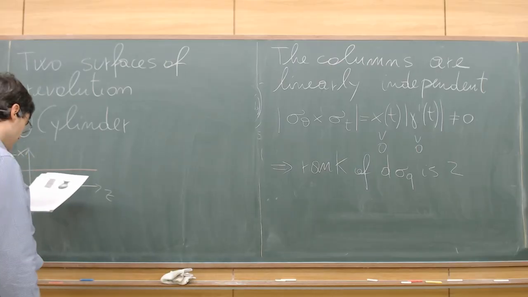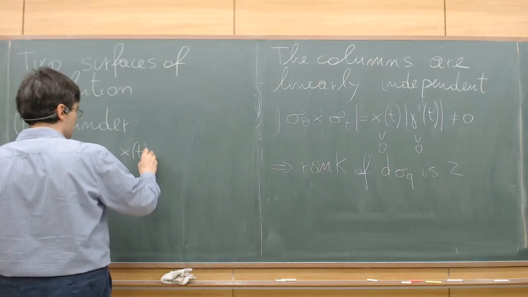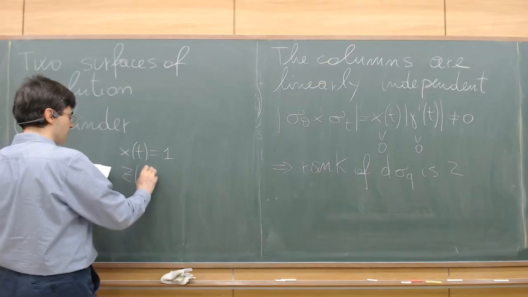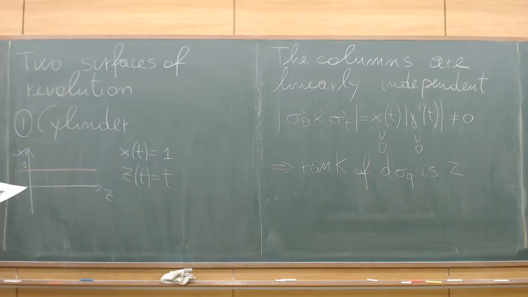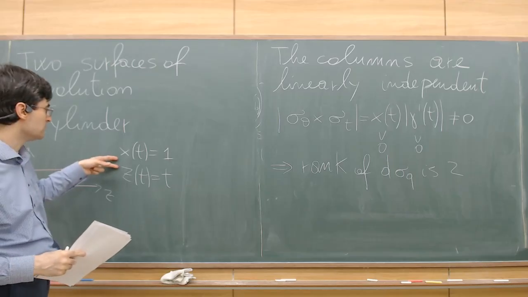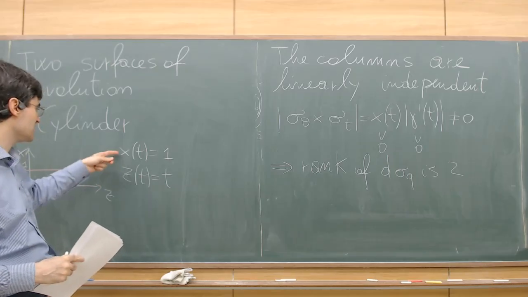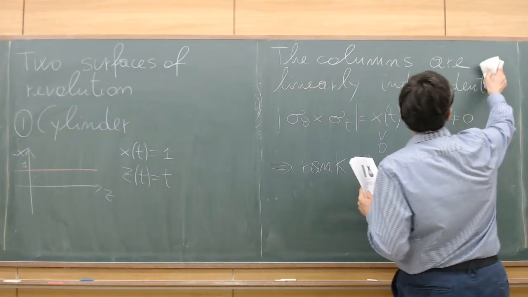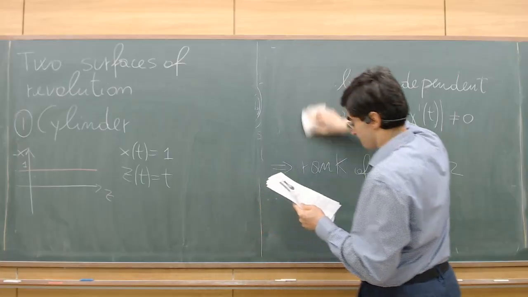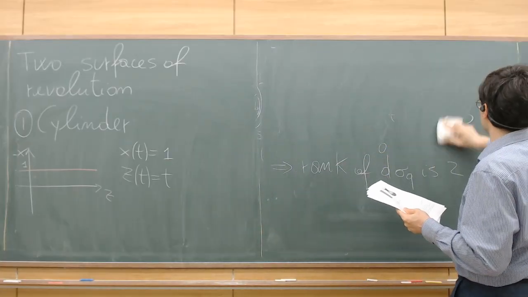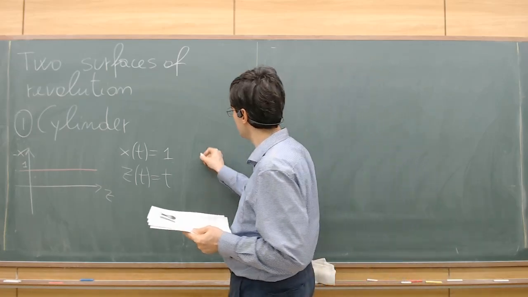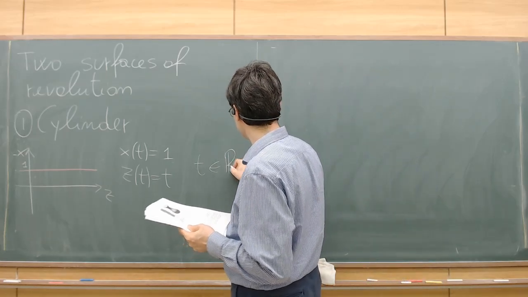So in this case we have that x of t is a constant, for example equal to 1, and z of t is equal to t. Of course this is not the unique possibility, but this is the simplest one. Of course here t can vary in R.